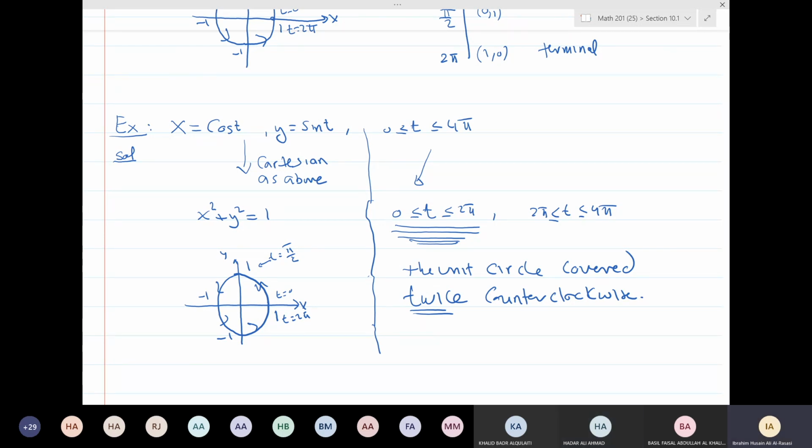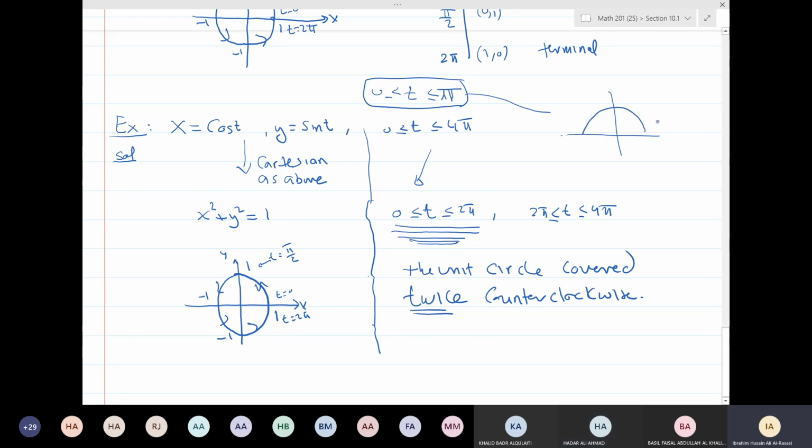Now let me give you another example, just on the margin. The same thing here, but I will take t between 0 and pi. What will happen in this case? Half a circle, exactly. This becomes just the upper part of the circle.